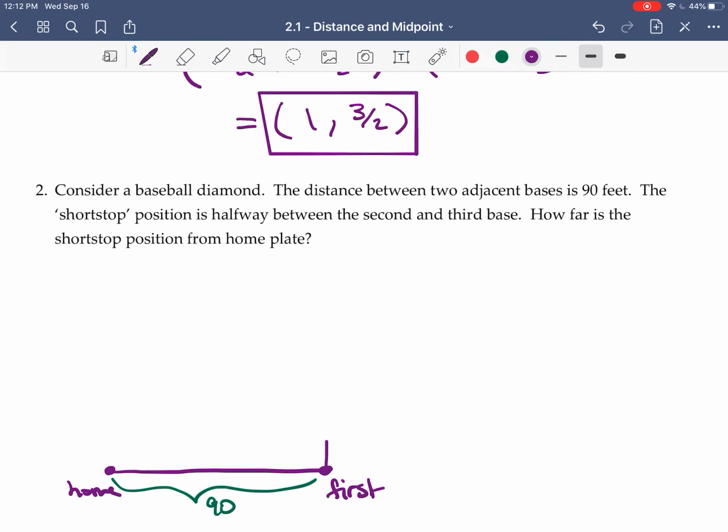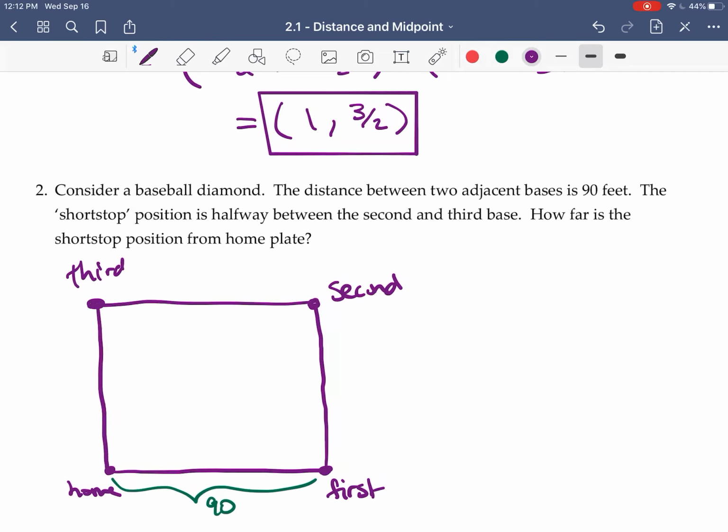And then we go up to second base, and then over to third base, and then down to home plate. So these are all 90 feet. So the shortstop is right in the middle here.